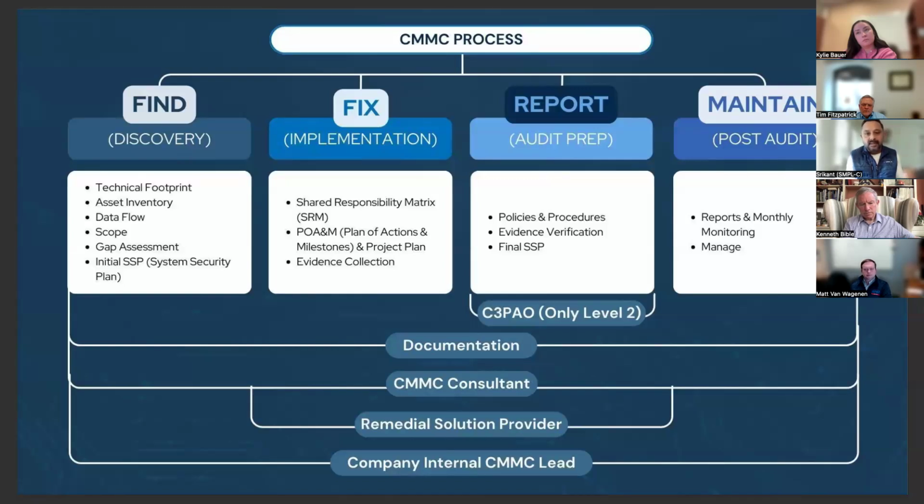The problem with the external consultant model is that, like I mentioned, there are about 300,000 of them in line, but only about 2,000 to 3,000 people so far that are certified to be CMMC consultants. So if you do the math, you're in line to get somebody to do it for you.